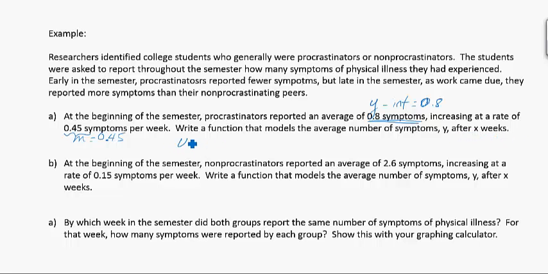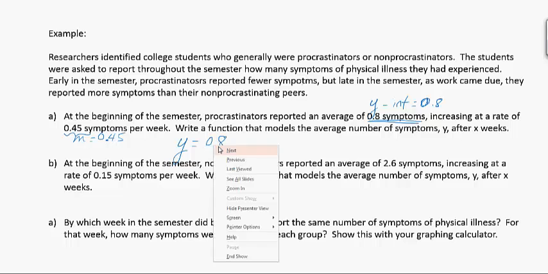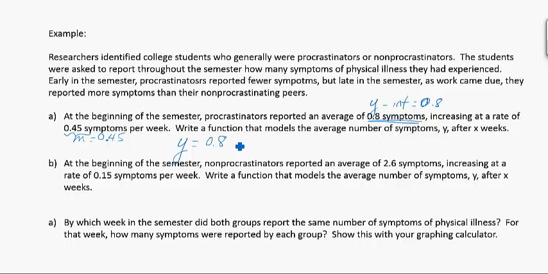So after x weeks, y will be whatever we started with, an average of 0.8 symptoms, plus each week we gained 0.45 symptoms per week. So this function models the average number of physical symptoms for procrastinators.